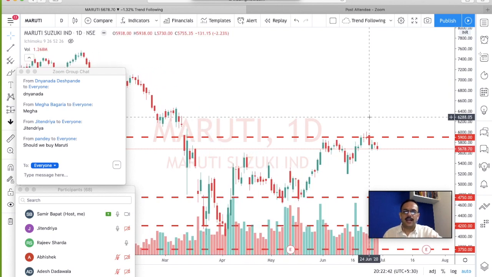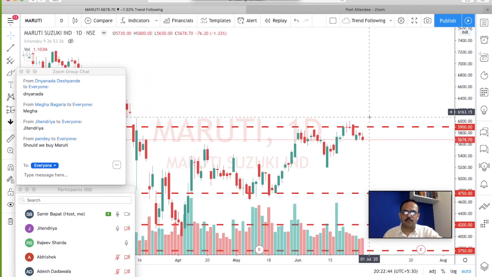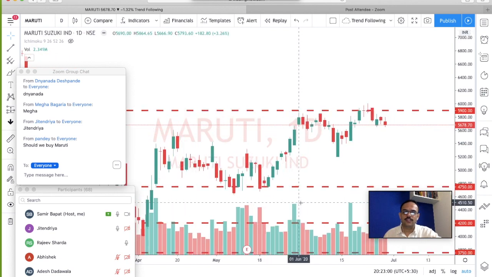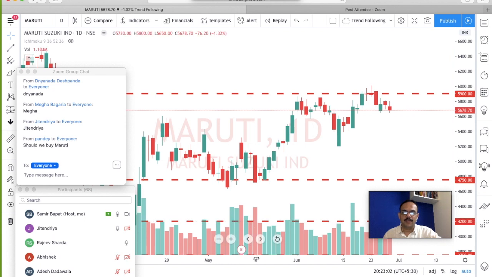And typically one more trick if you want to find out when it is going to go up: usually if it is hitting the support in the mid of the month, then it is likely to go up by the end of the month. Just observe when you are doing this support resistance, like here it is May 18th. If it is hitting support somewhere in the middle of the month, then at the end of the month it will go up again.